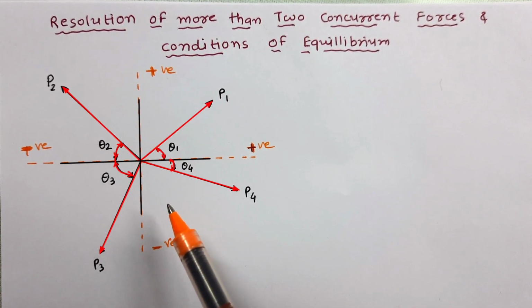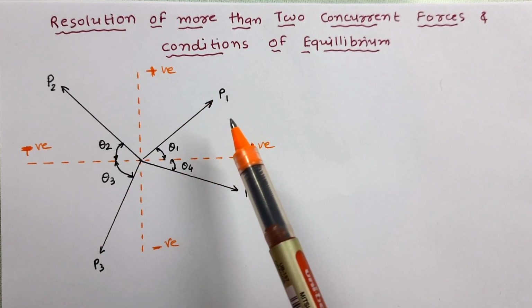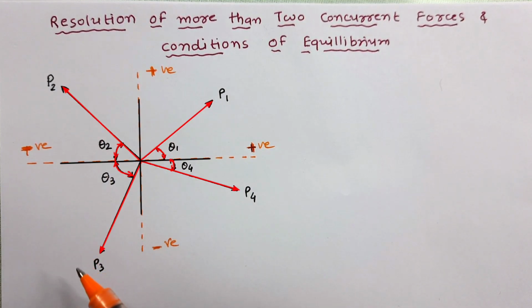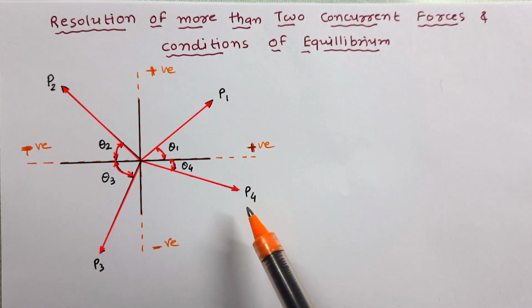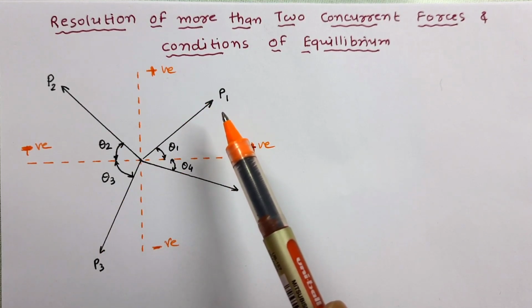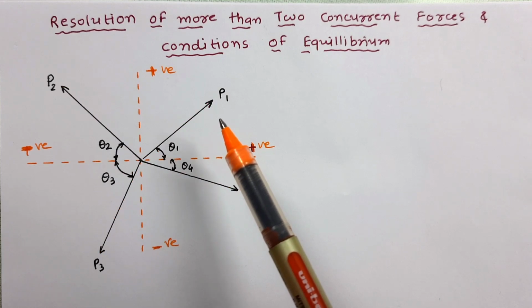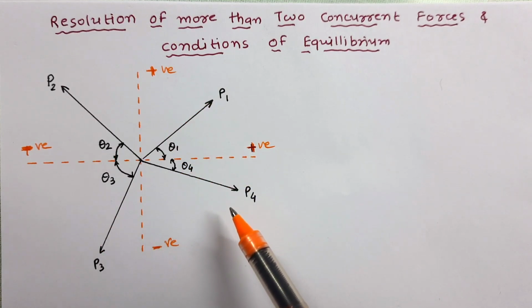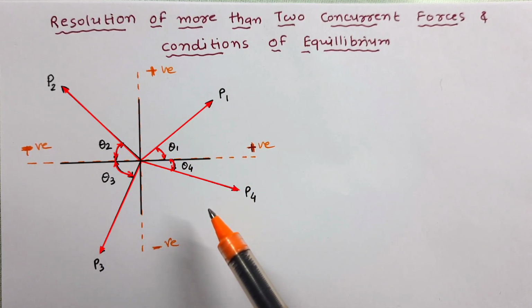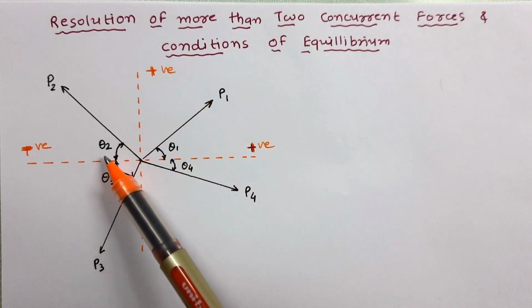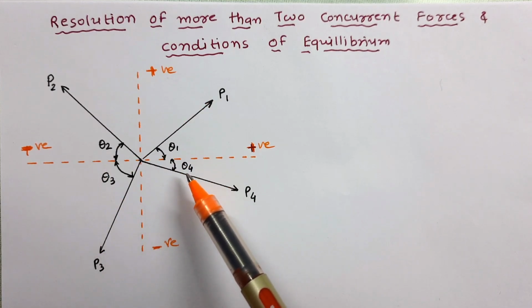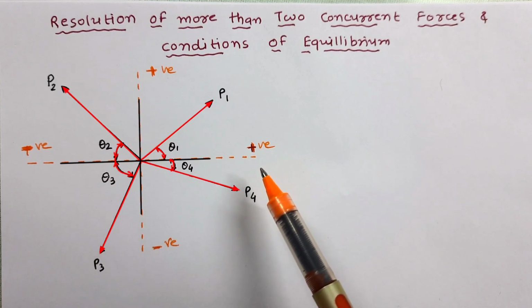Here in the system of force, four different forces P1, P2, P3 and P4 are acting. The direction of each force is given. These forces P1, P2, P3, P4 are acting at angle theta 1, theta 2, theta 3 and theta 4 with x-axis.